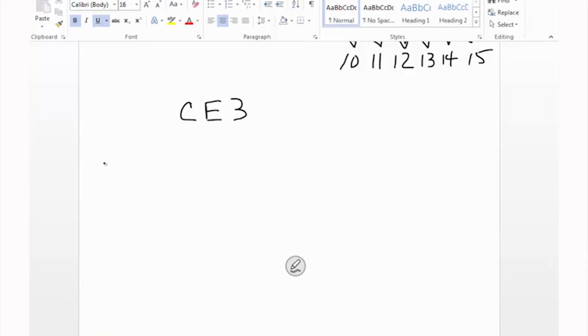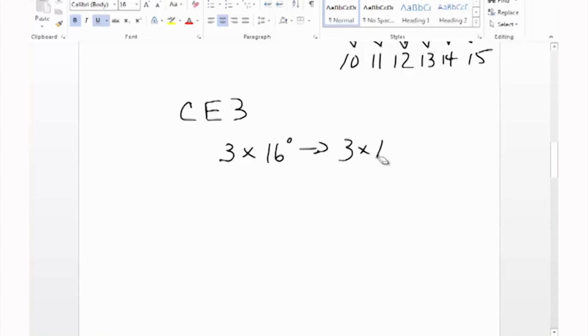So our first value is going to be 3 times 16 to the 0 power. Notice again, we're using the same exponential increments in this numbering system that we did in the previous numbering system. So that's going to be 3 times 1, because as we remember, any value raised to the 0 power is going to be 1.